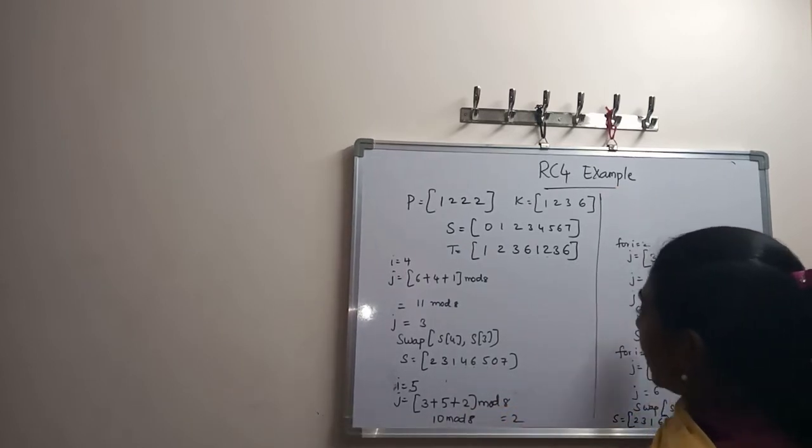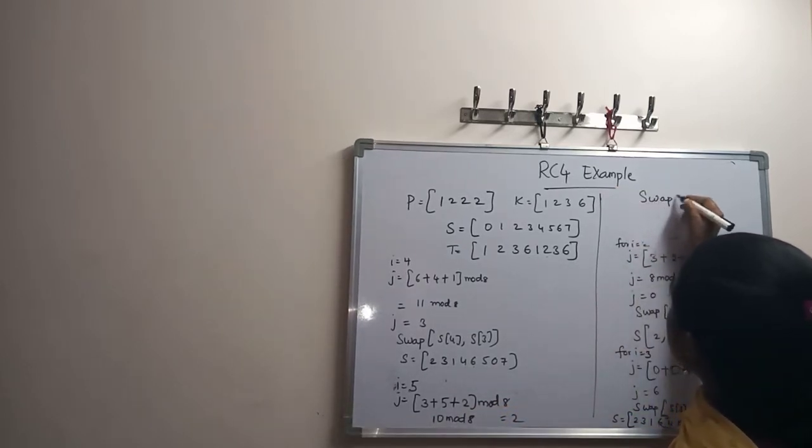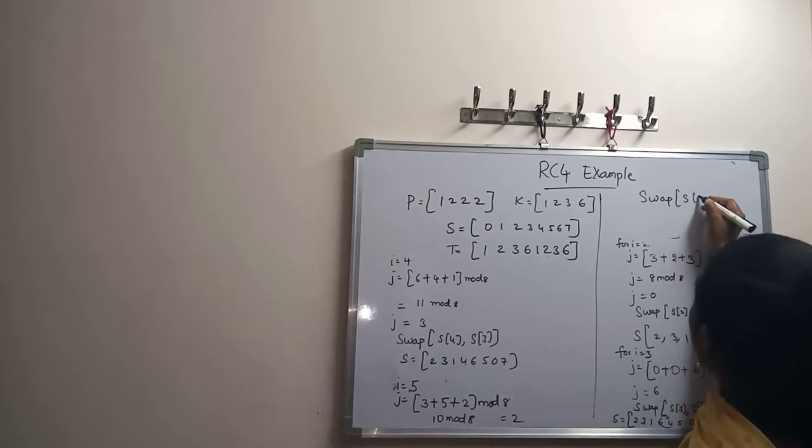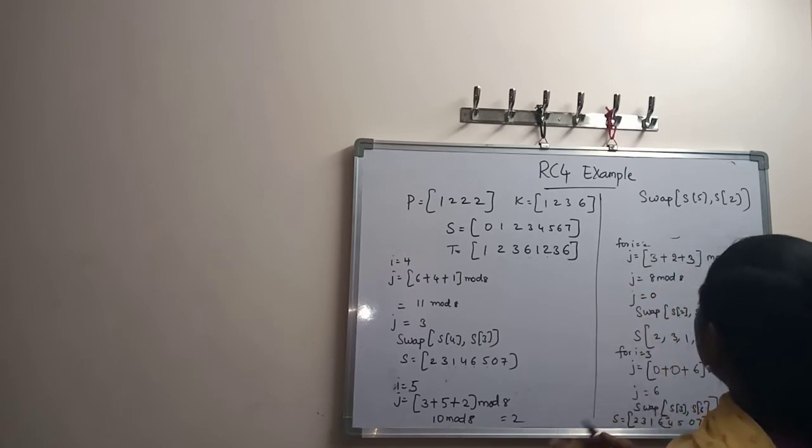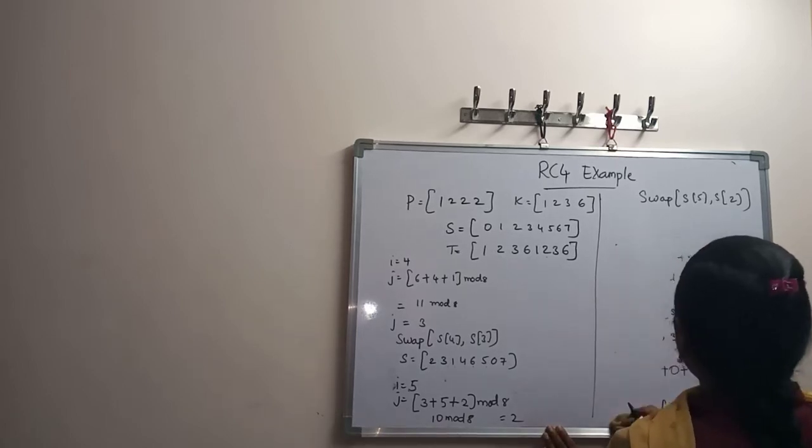Now we can write the swap of values S of 5 comma S of 2. So swap the values. What do we get?